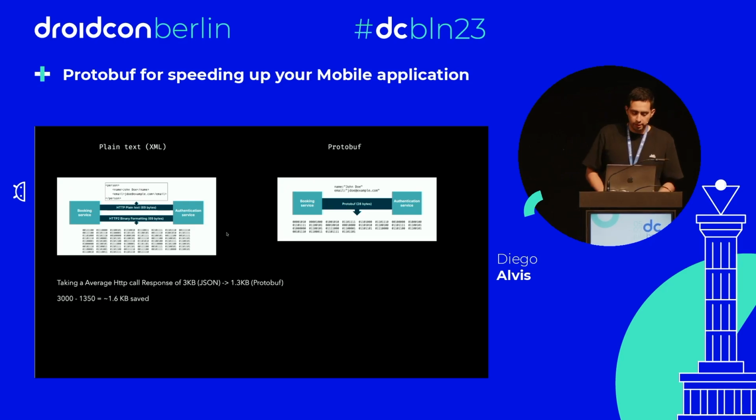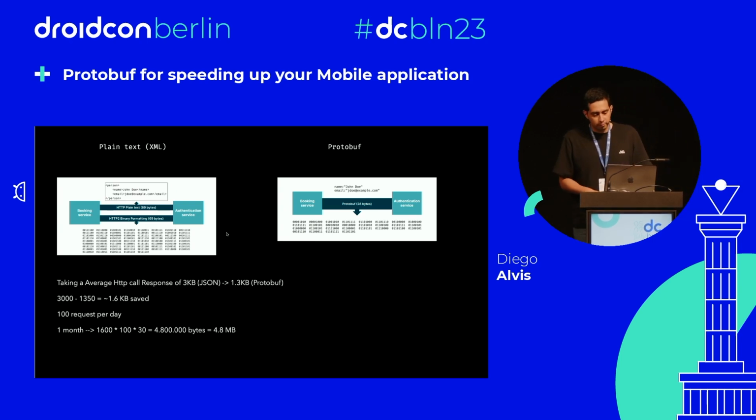So that means that I'm saving 1.6 kilobytes in this request, right? So if you're making this call 100 times per day, then you're going to be saving, in 1 month, 4.8 megabytes.